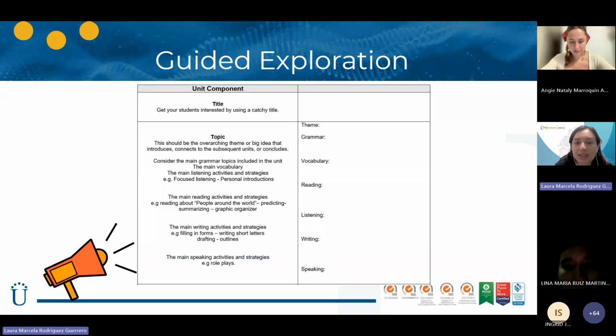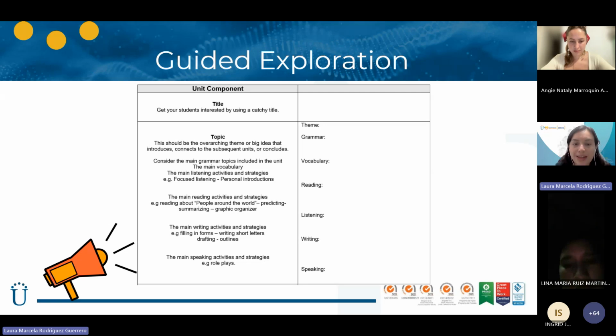And then you're going to start describing the grammar, vocabulary, the reading, listening, writing, and speaking parts. It says to consider the main grammar topics included in the unit, the main vocabulary that you're going to use, the main listening activities and strategies, and you have also examples here in the annex.